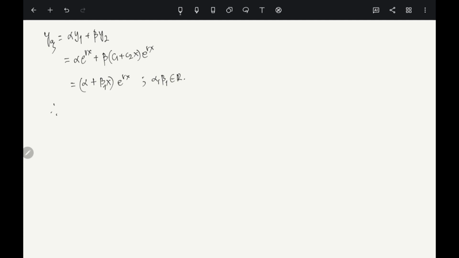Right. Now let's look at the third case, case 3. What is case 3? It is the complex conjugate root.